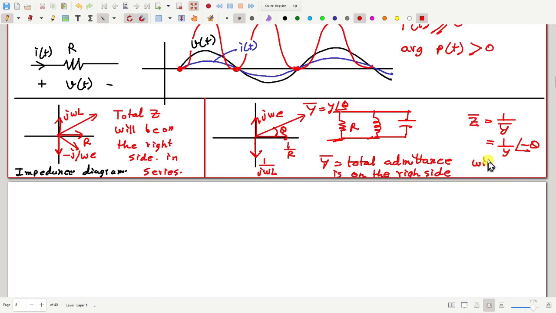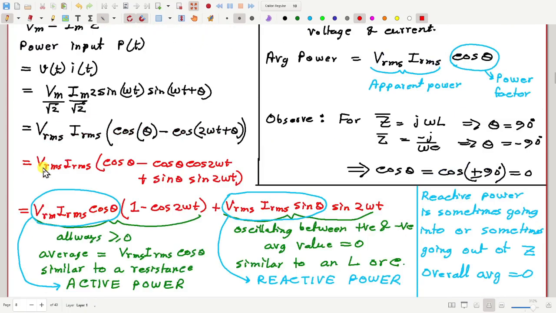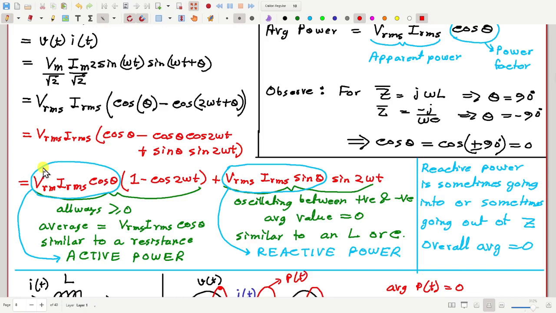So no matter whether in series or in parallel, no matter how you combine R, L and C, the angle of the equivalent impedance will always be on the right side, that is, between minus 90 and plus 90. In that region, cos theta is always positive. So cos theta therefore cannot be negative. Does that answer your question? Yes, sir. Okay, thank you.